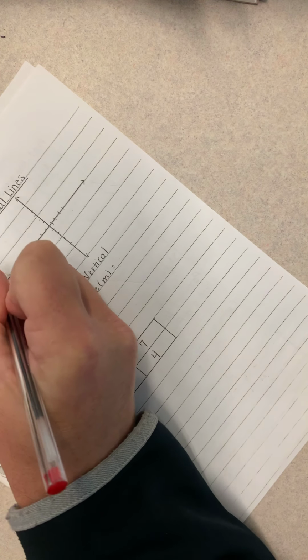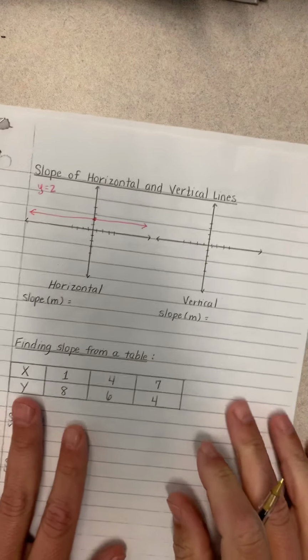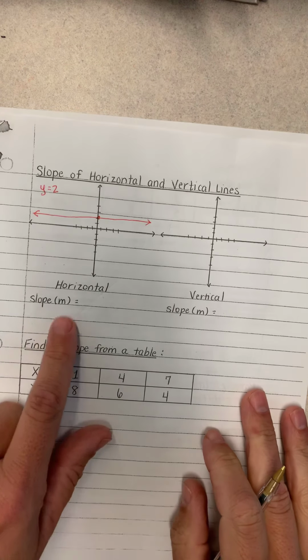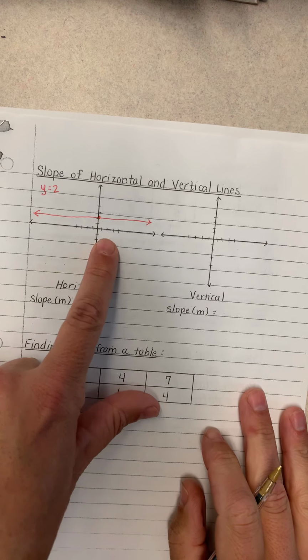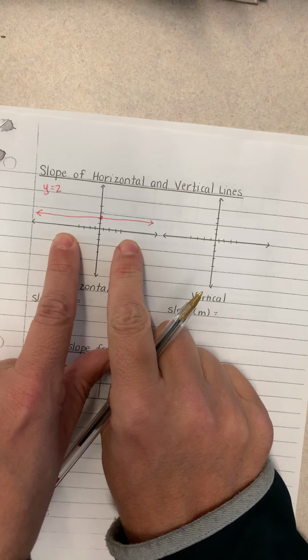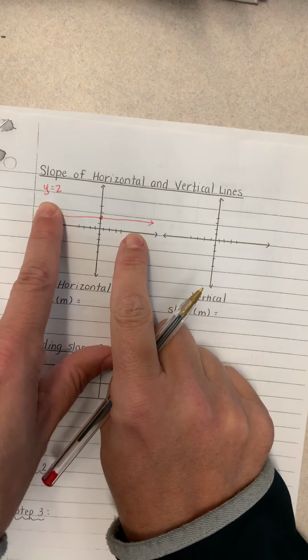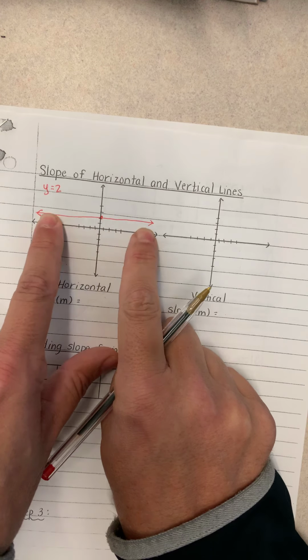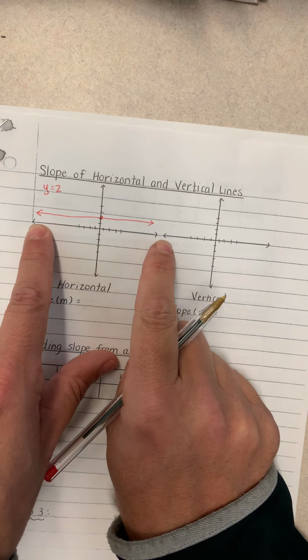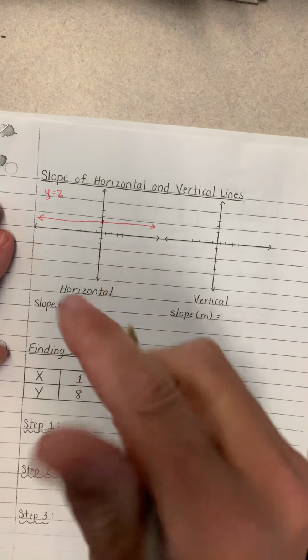You have this line right here. When I made a table of this, it did not matter what I put in for x. Every y coordinate of every point that lies on the line is 2. The y never changes. Doesn't matter how far out I go in the positive or negative direction on x, y is always going to be 2.